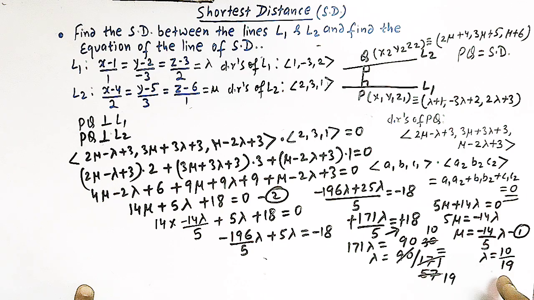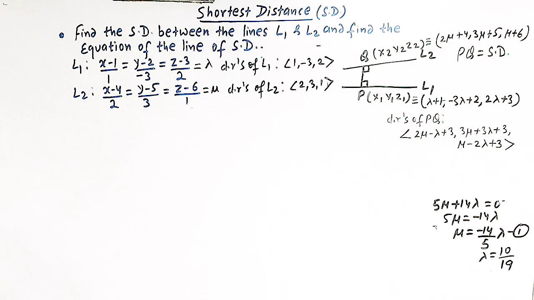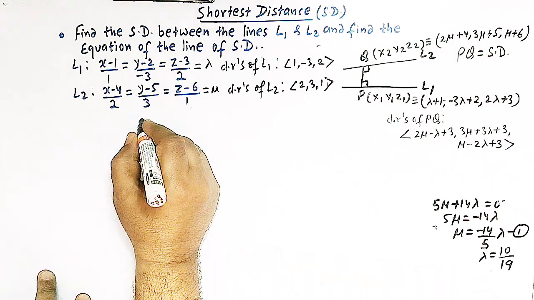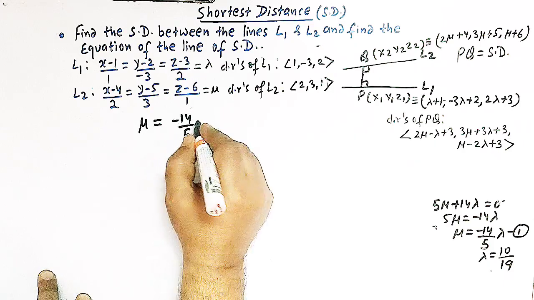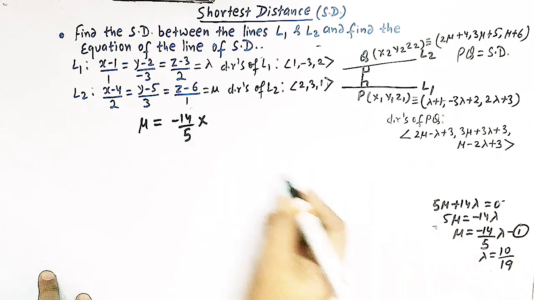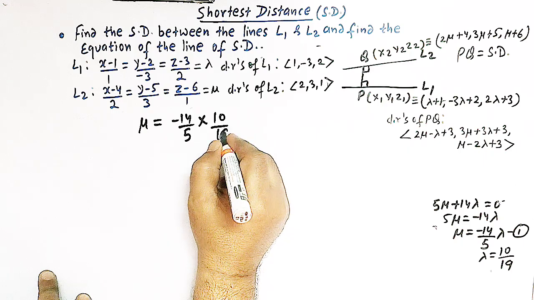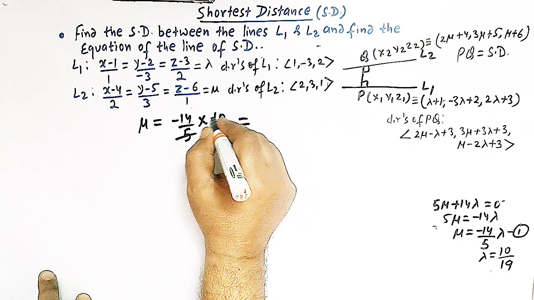So let us substitute this value of lambda in equation 1. So now we can write here mu is equal to minus 14 over 5 times lambda. Lambda is 10 over 19. So this is 5 times 2.